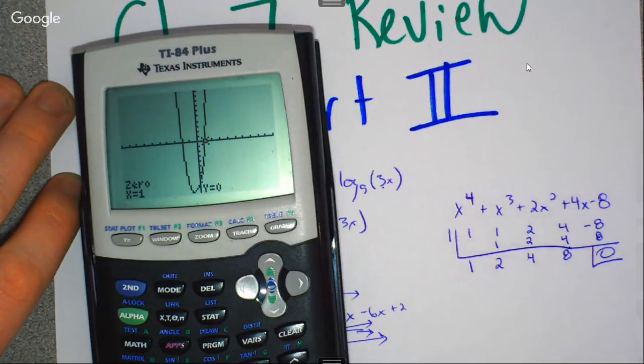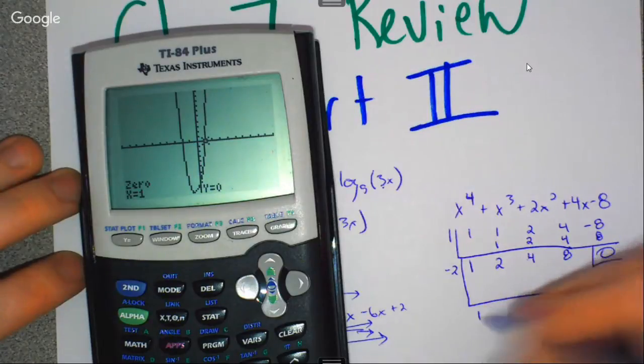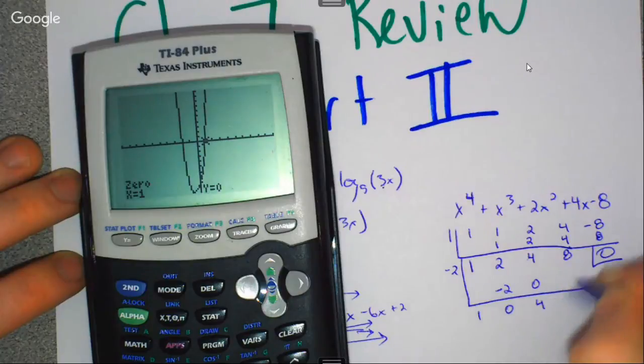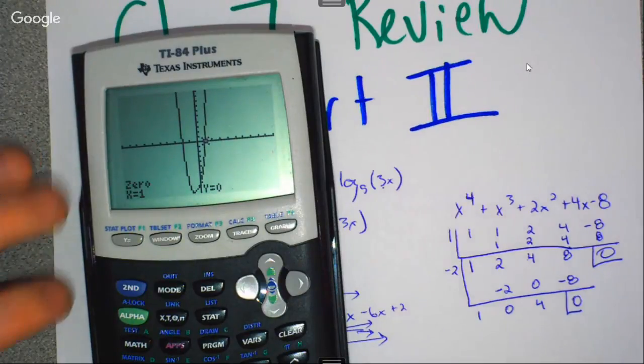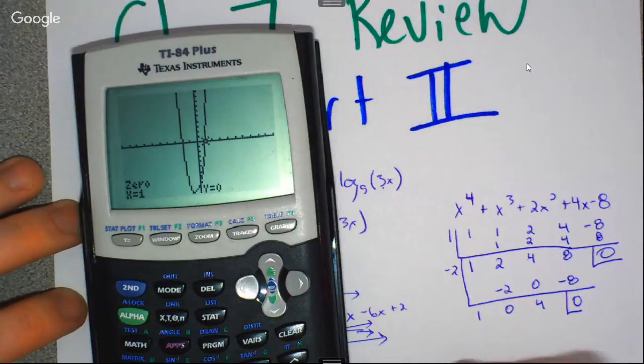So you get 0, so it is a 0. So now we'll do -2, right on down with that. Excuse me. So 1, multiply, add, multiply, add, multiply, add. So you've got your zeros being 1 and -2.